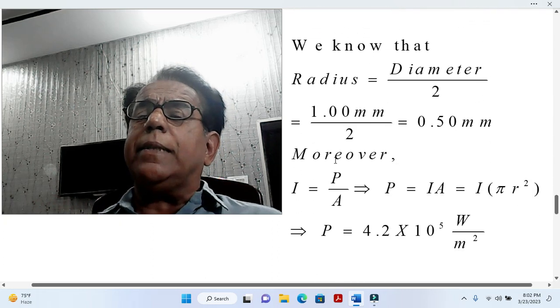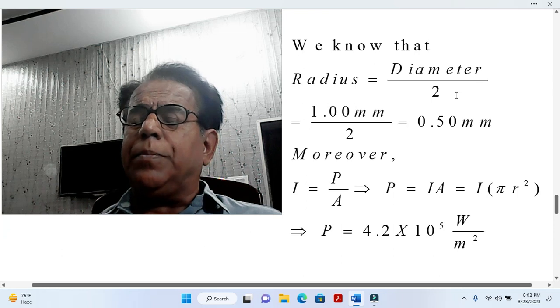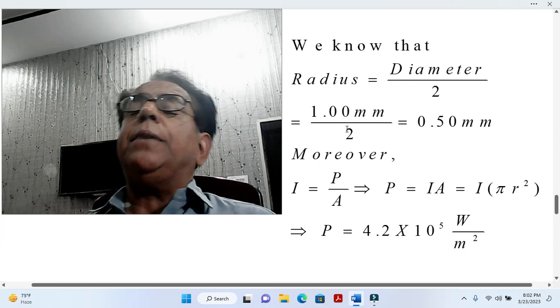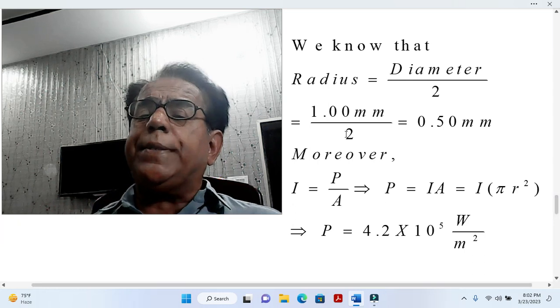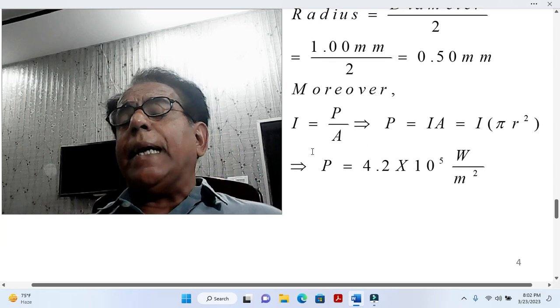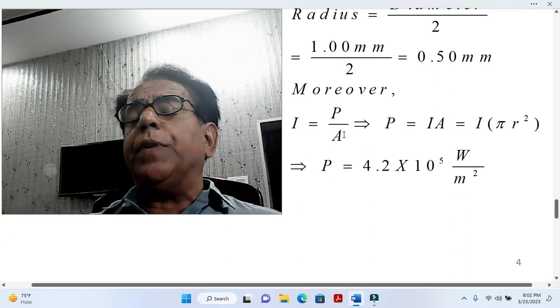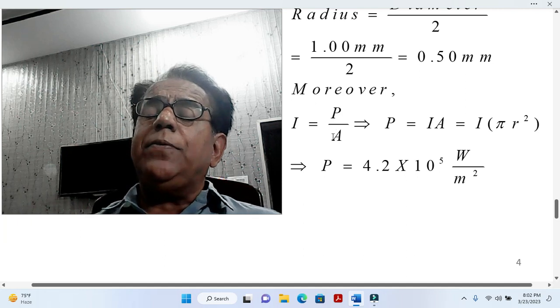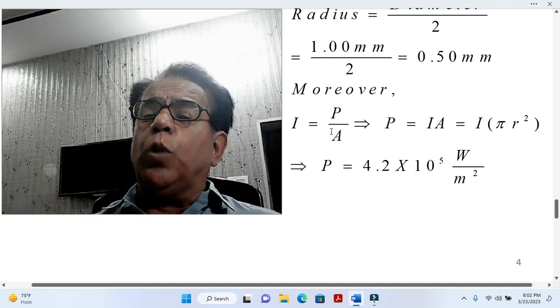We know that radius is equal to diameter by 2. Diameter is given as 1.00 millimeter, and so its half will be 0.50 millimeter. Moreover, intensity I is equal to P over A, which we have introduced in a tool.